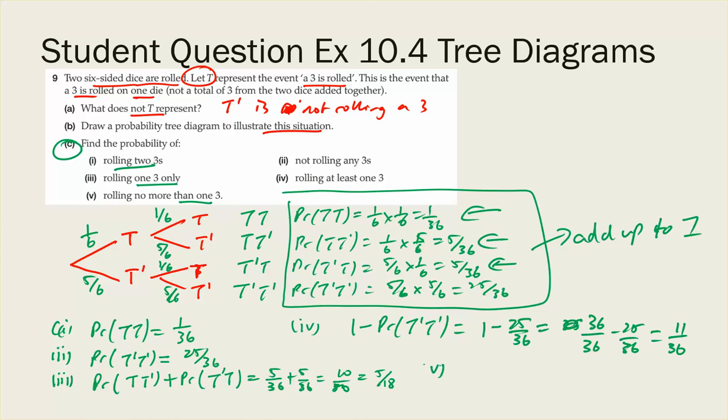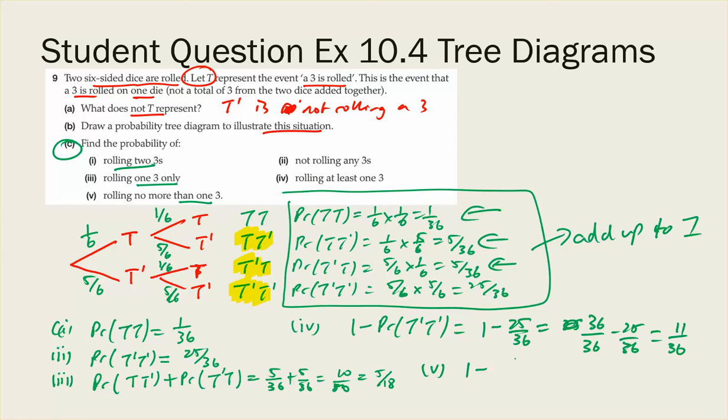For part 5, rolling no more than one 3. That means I can have no 3s or one 3, but I cannot have two 3s. So again, I can use the complement idea, because I know the whole thing adds up to 1.